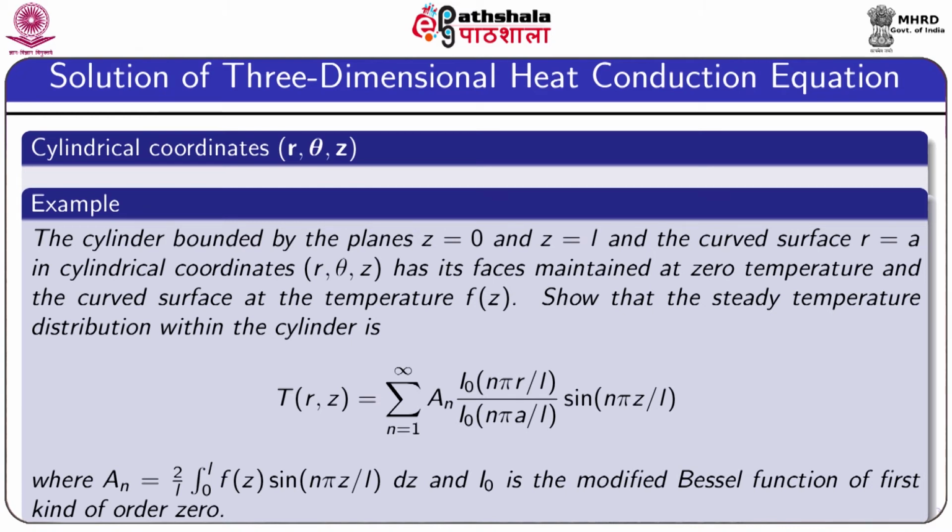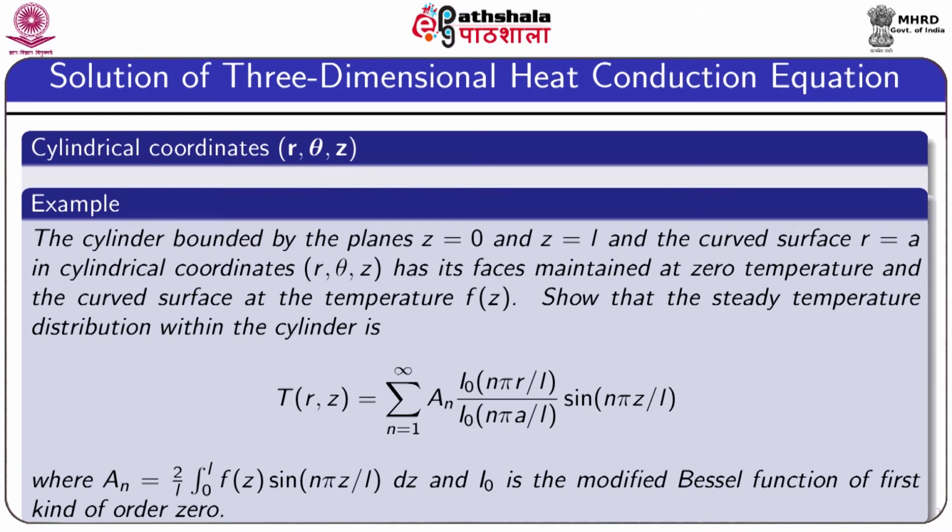In this example, there is a cylinder which is bounded by the planes Z equals 0 and Z equals L, and the curved surface r equals a in the cylindrical coordinates r, theta, z.